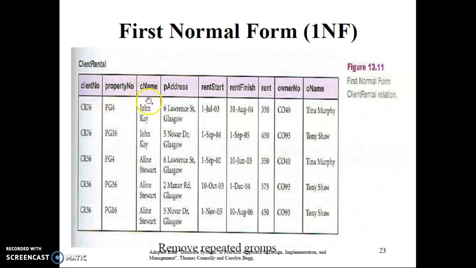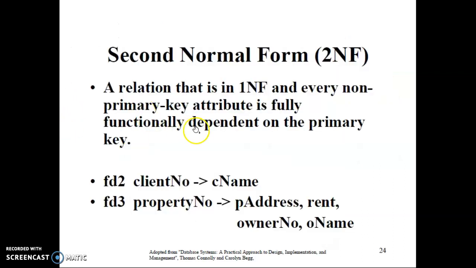So this is called partial functional dependency. That is, CNAME is partially depending on one of the primary keys, only on client number, not on property number. So that is one partial functional dependency we identified. This is FD2. CNAME is depending on only client number.